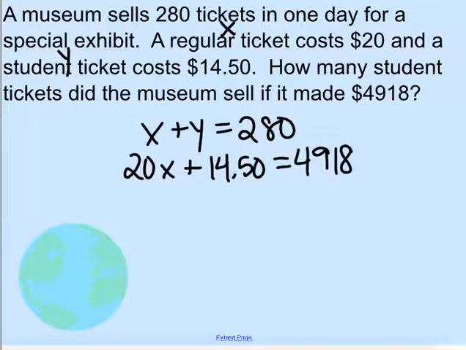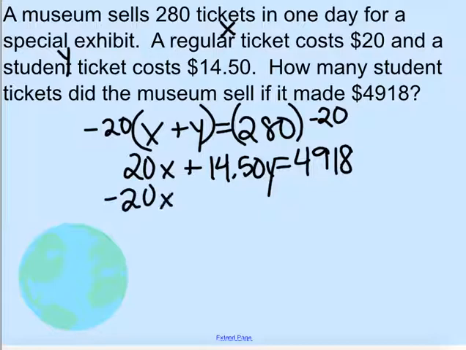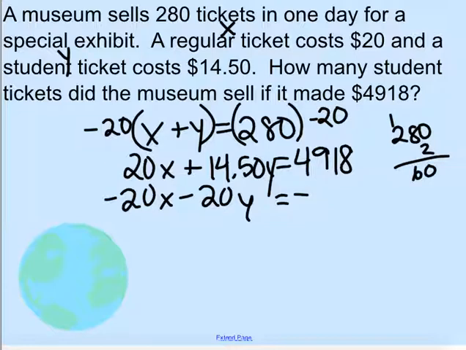In order to solve this one, I would multiply the first equation by negative 20. That's what I would think to do. When we do that, we end up getting negative 20x minus 20y is equal to negative 280 times 20, so we get negative 5,600.